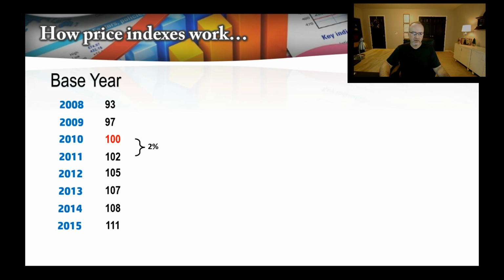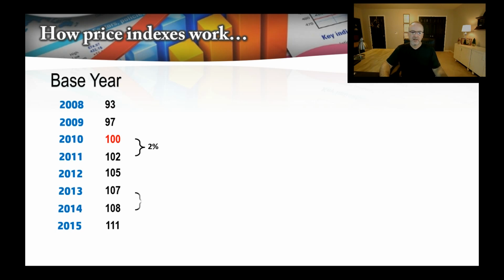So for example here, in 2010, that's our base year, the index is 100. But in 2011, that's 102. And 2012, it's 105.